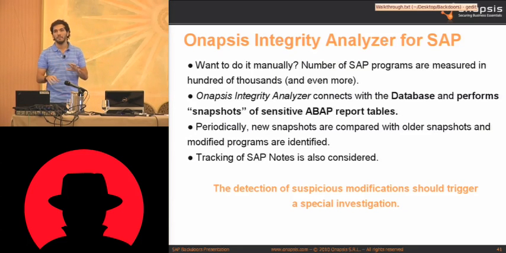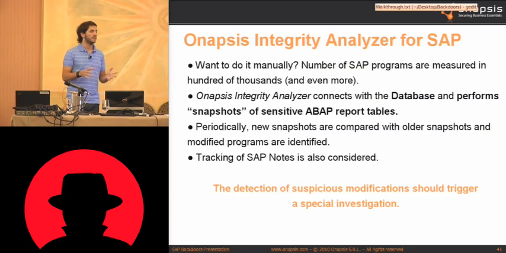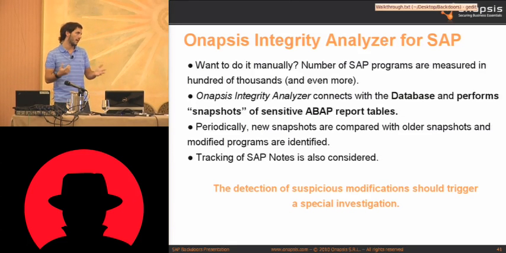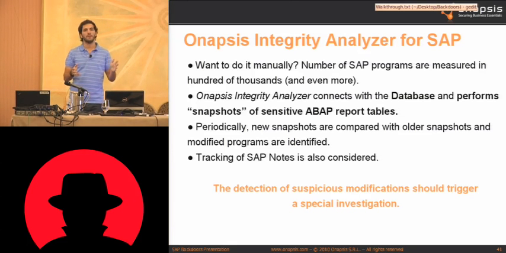This is far from being perfect because it has some weaknesses or drawbacks, like you have to do this, for example, the first day you install the SAP system, because if you do it now, you don't know if it had been backdoored before. But what we are planning to do is to release some signatures for baseline installations so you can compare against that, but it's going to take a while.